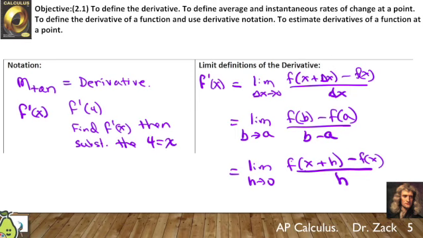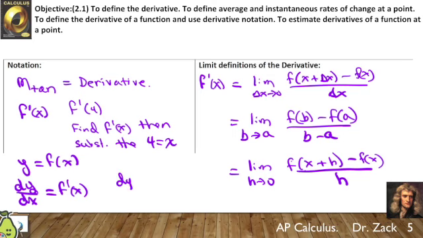Another definition, if you let y equal f of x, this is not a definition, this is your notation, you might see that dy dx is equal to the derivative, and dy dx is the derivative of y with respect to x.